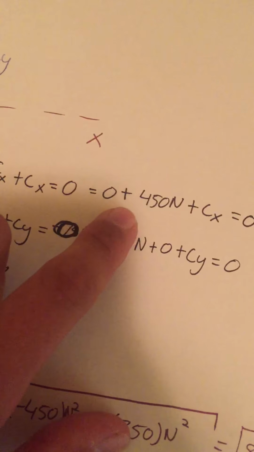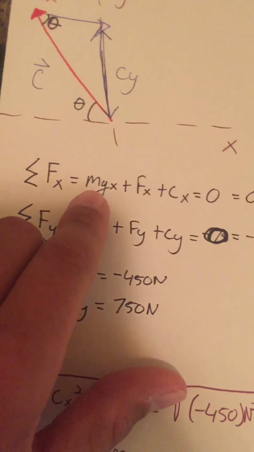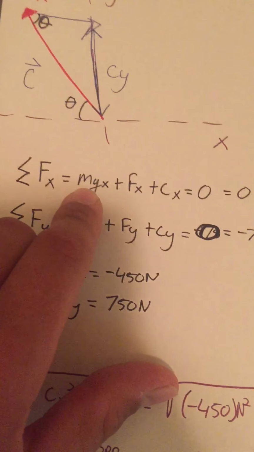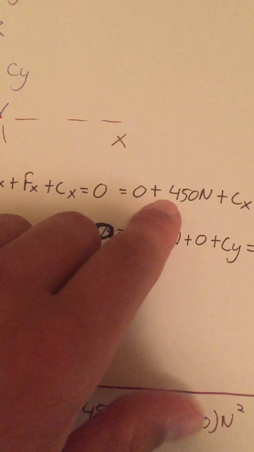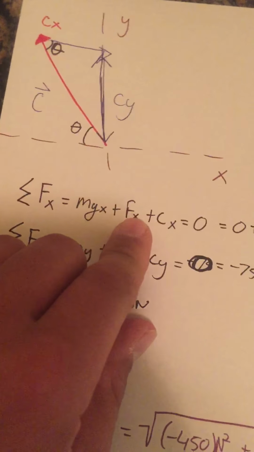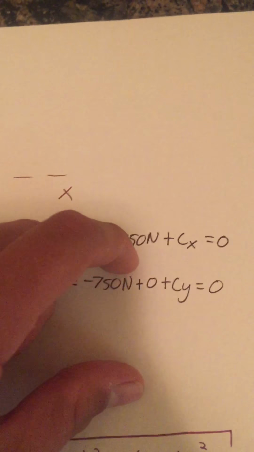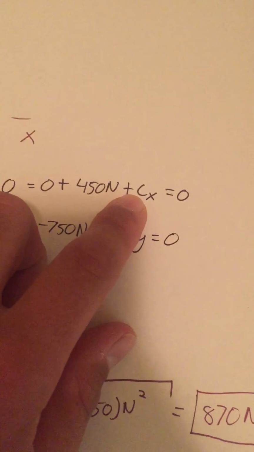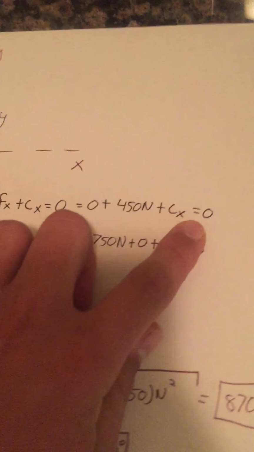The gravity force in the x direction is 0. Then it is a positive 450 newtons because the force that we are pushing with is 450 newtons in the positive x direction, plus the contact force, which is what we're trying to find and don't know yet. So we set it equal to 0.